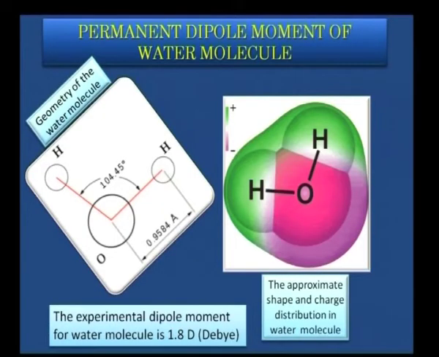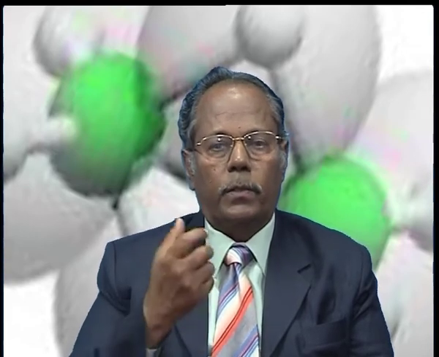This shows that there is a high degree of asymmetry that drives the H2O molecule to acquire a dipole moment. What do you mean by dipole? That is, the positive and negative charge centers are separated. In a hydrogen atom, with a proton and an electron, the two charge centers lie one over the other, the charge centers coincide, whereas in this particular case the charge centers do not coincide.